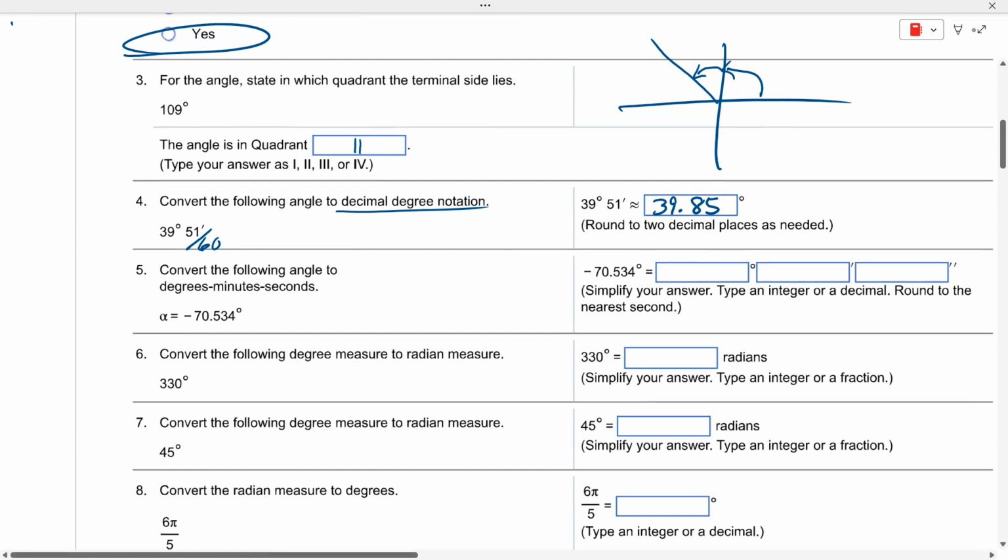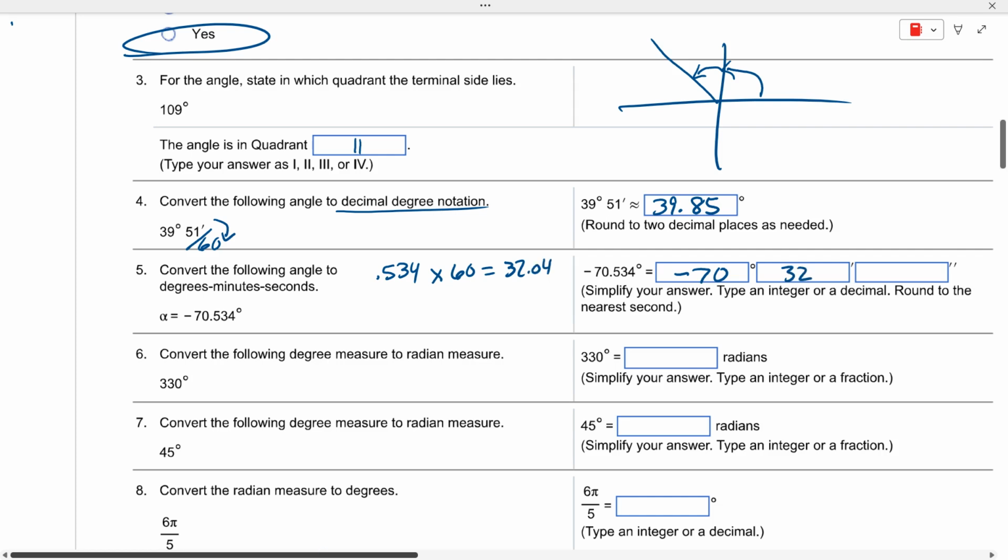The next one, negative 70.534. The first box is negative 70. Okay. You don't worry about the negative anymore. Then you take 0.534. And here we divided by 60. So here when we're going to degrees, minutes, seconds, we're going to multiply it by 60. What's 0.534 times 60? 32.04.